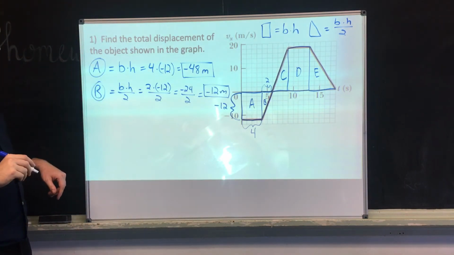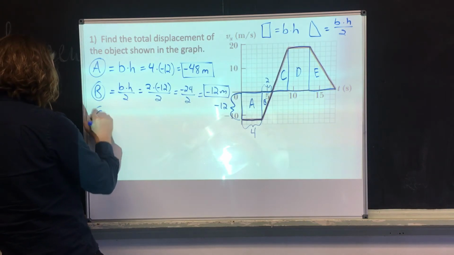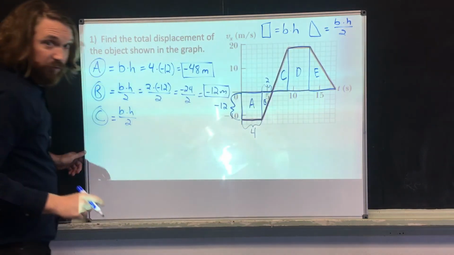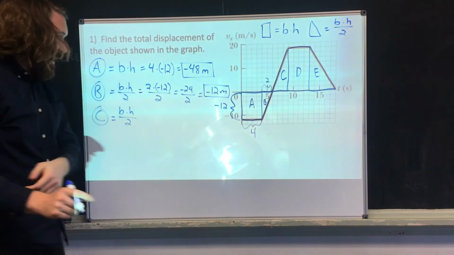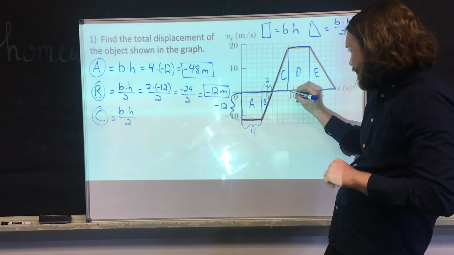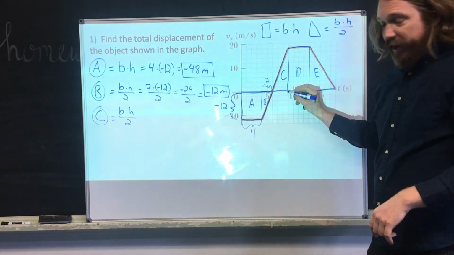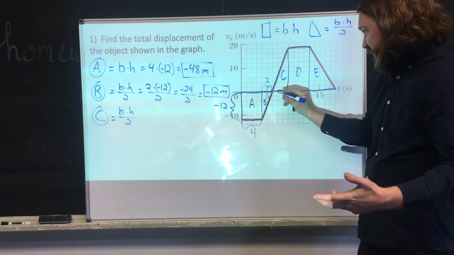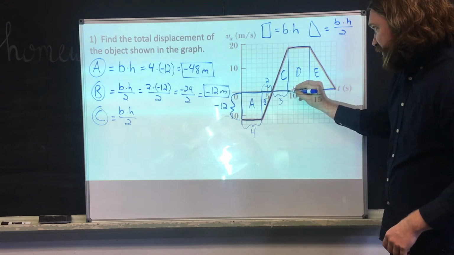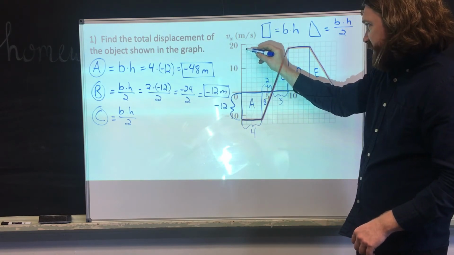All right. Very good. C is a triangle. C is equal to base times height divided by 2. That's my triangle, right? Triangle is just a rectangle cut in half. So let's look at this one. Our base goes from 6 to 9, which is 1, 2, 3 squares. You could also go 9 minus 6 is 3. That's how I like to do it. And our height goes from 0 all the way up to 18, right? 10, 12, 14, 16, 18.